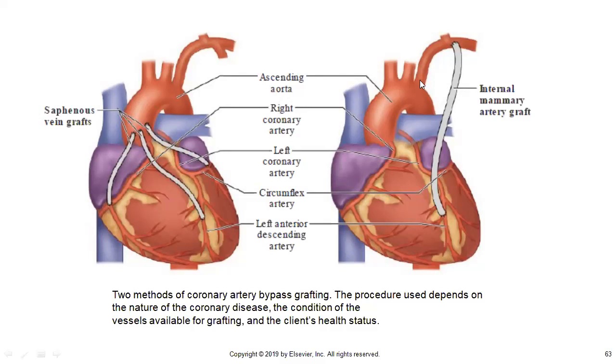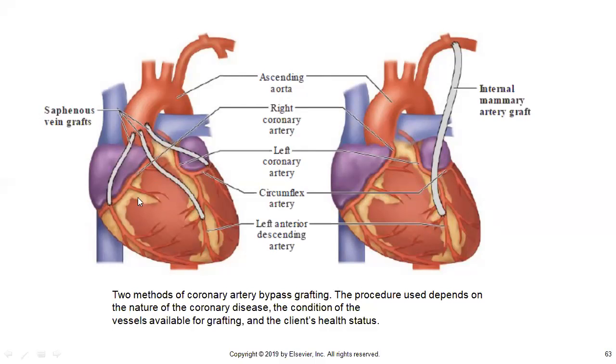Like this is the bypass. Directly, this is the branches from the arch of aorta. Bypass is distributing the blood to the ventricle. Here is showing the arch of aorta, bypass saphenous vein graft.